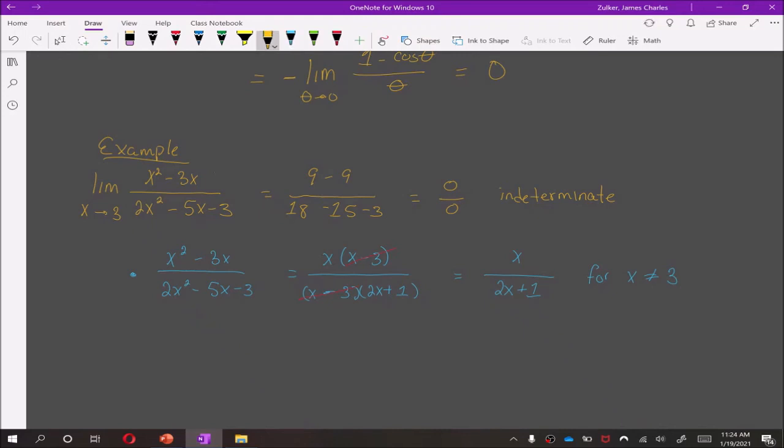Well, we can now use the proposition to say that our limit must be equal to the limit of this new function. Now if we plug in 3, we'll get 3 over 7.